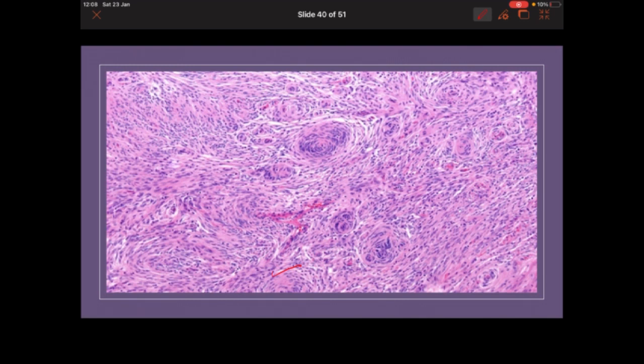In this low power view, we can appreciate that the cells are arranged in lobules exhibiting a whirling pattern.